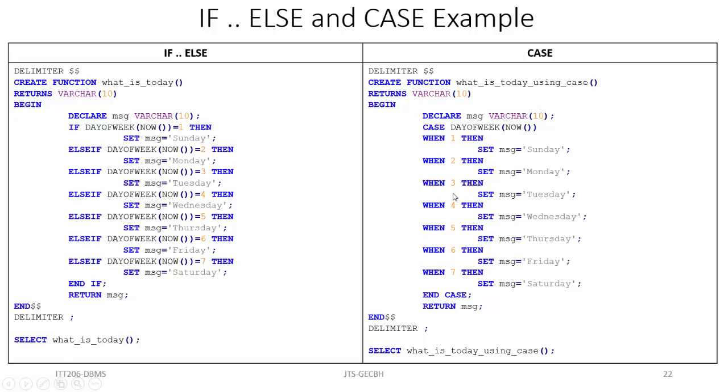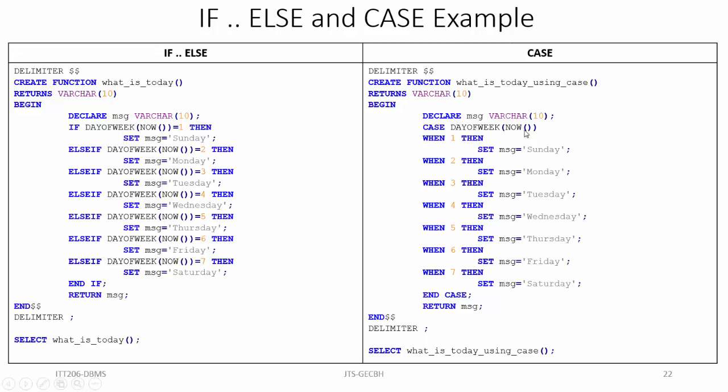In this particular code, we write case, then a value. This is not a condition, this is actually a value: case, then dayofweek of now. Like in switch statements in C, after case we give a variable or a value.